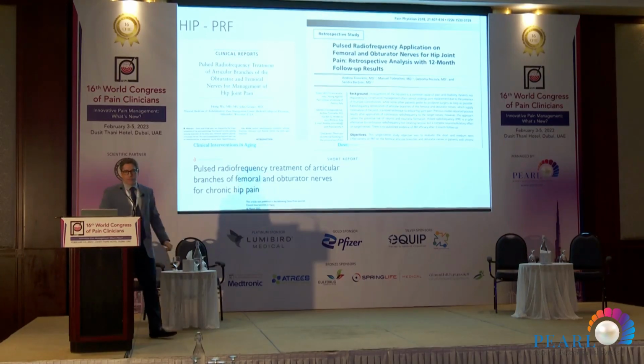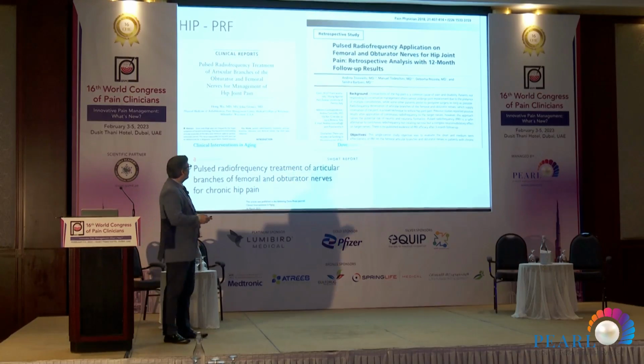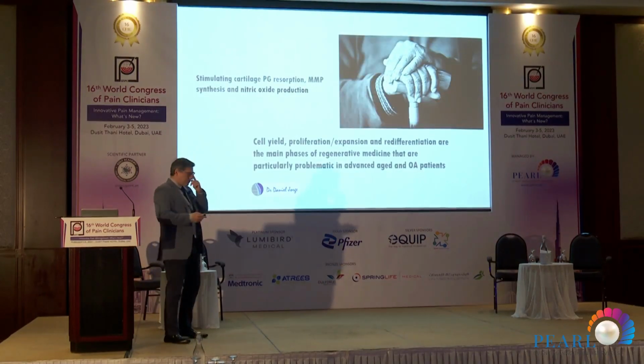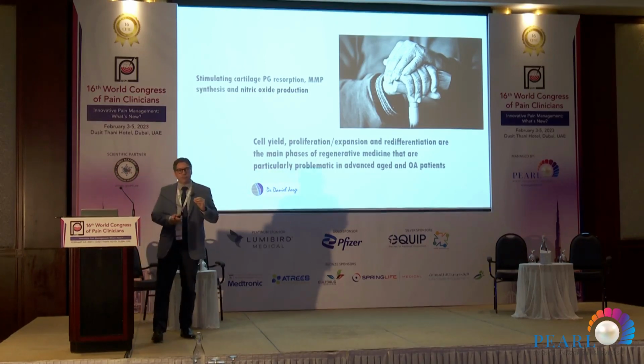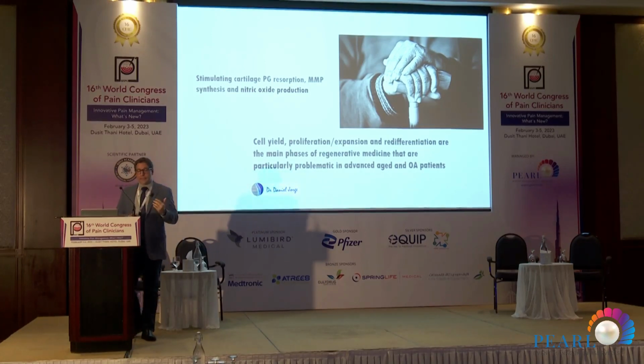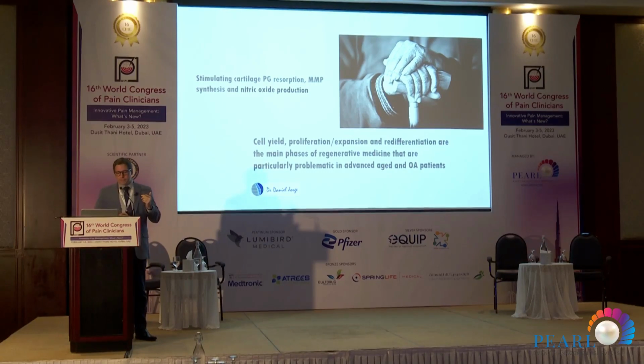We don't have a lot of papers on that, but we have some. What you have in mind nowadays is that those kinds of patients have osteoarthritis, they are elderly, so they are stimulating cartilage prostaglandin reabsorption.